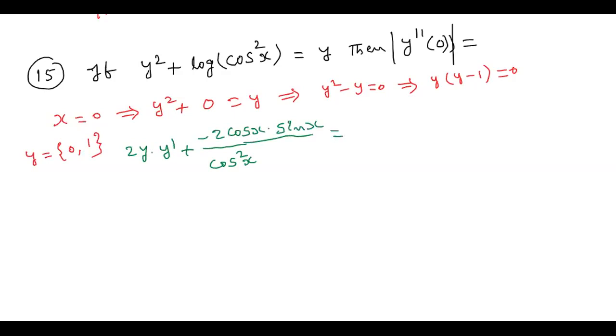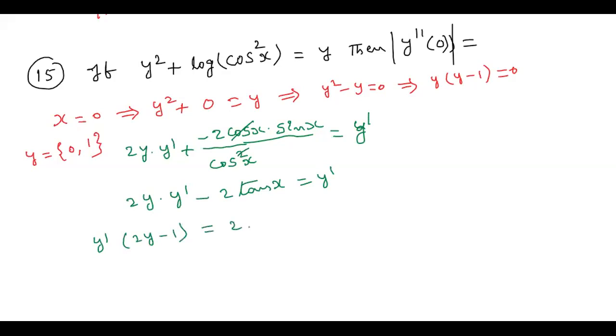That is equal to the right hand side y derivative, that is y dash. Here observe that cos x cancels. Remaining, what is it? 2y into y dash minus 2 into sin by cos, tan x, that is equal to y dash. Now y dash on the left hand side, take common. y dash into 2y minus 1 is equal to 2 tan x.